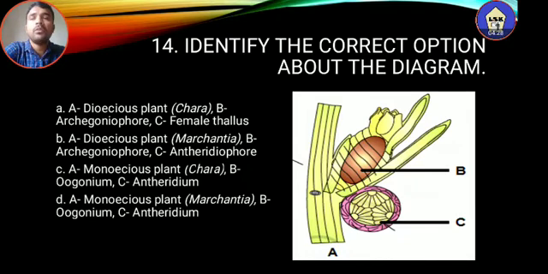If both are found, that is the bisexual condition. Bisexual means monoecious. So monoecious plant, Chara, is given in option C. That is the right answer. Labeling B represents oogonium and labeling C represents antheridium. So the answer is option C.